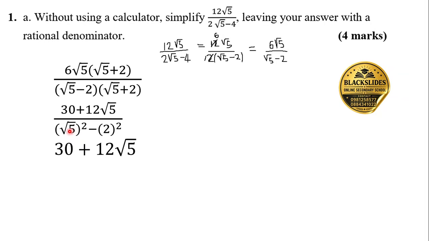Root 5 squared is 5, 2 squared is 4. So 5 minus 4 is 1. So it's like you're dividing this expression by 1. So the result is going to be 30 plus 12 root 5.